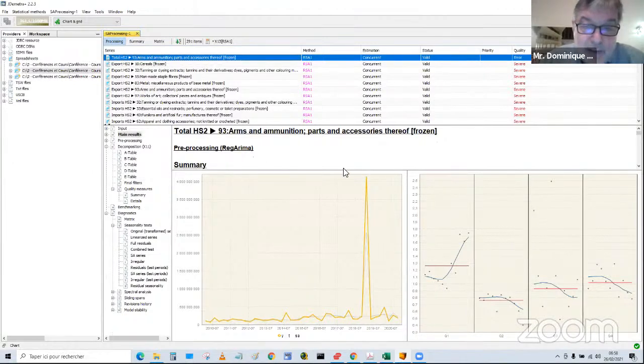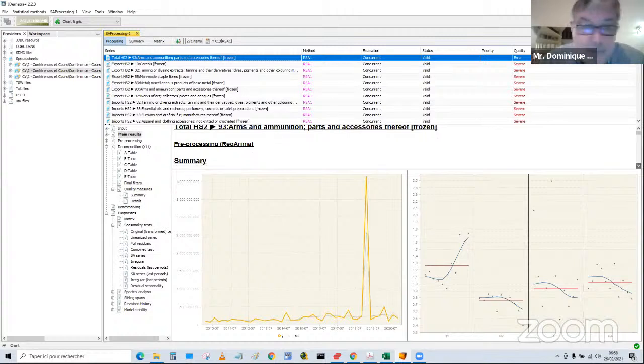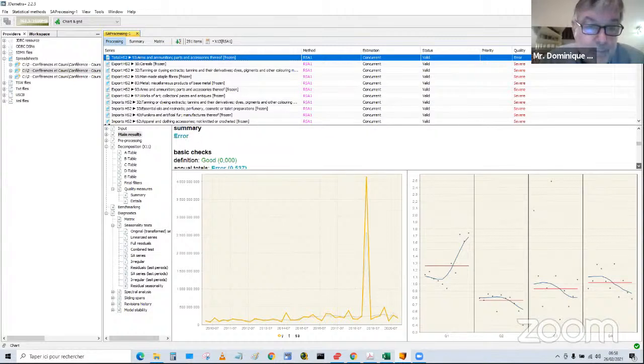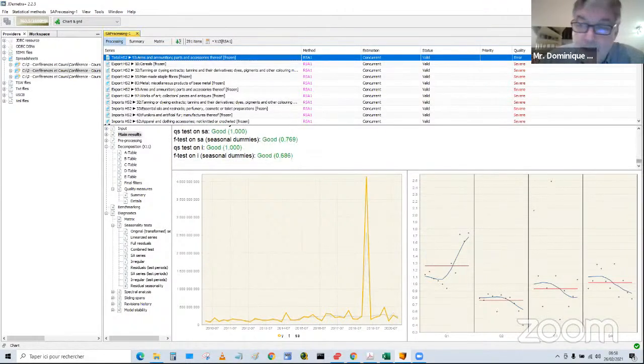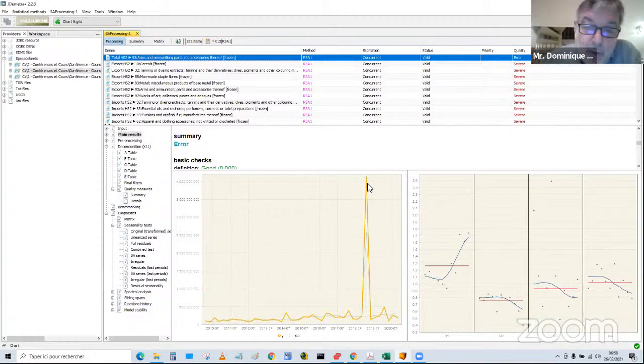I don't know what cannot be computed at this time. Let me check the results. Oh, yes. Yes, something is wrong. Because of this incredible point, you cannot assume that the annual total for the seasonally adjusted series is equal to the annual total of the raw data, because of this very curious point. So because of that, you have an error and you have to investigate.